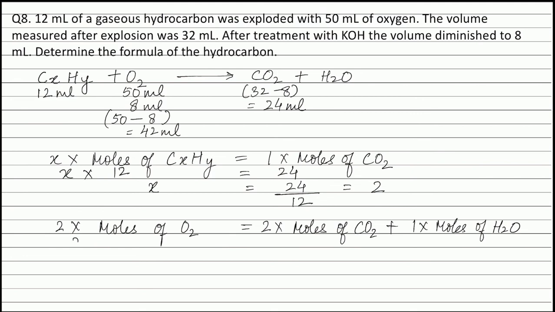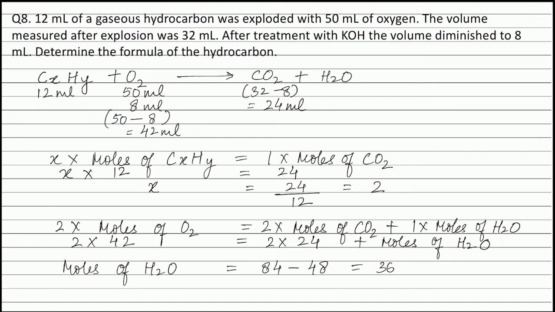This is 2 into 42, which is equal to 2 into 24 plus moles of H2O. Therefore, moles of H2O is equal to 84 minus 48, which is equal to 36 moles.